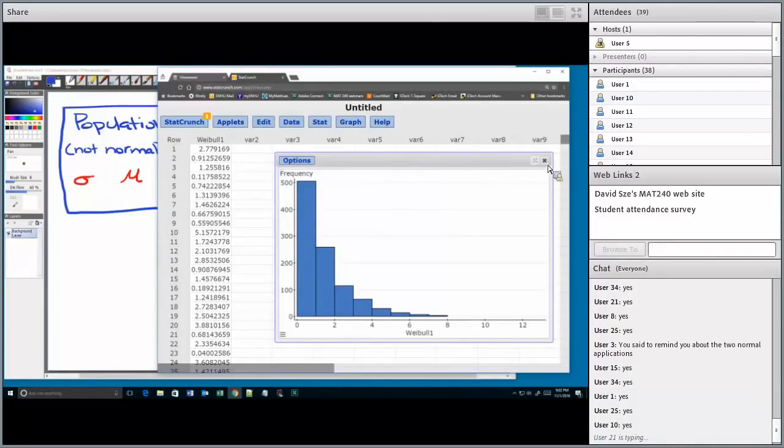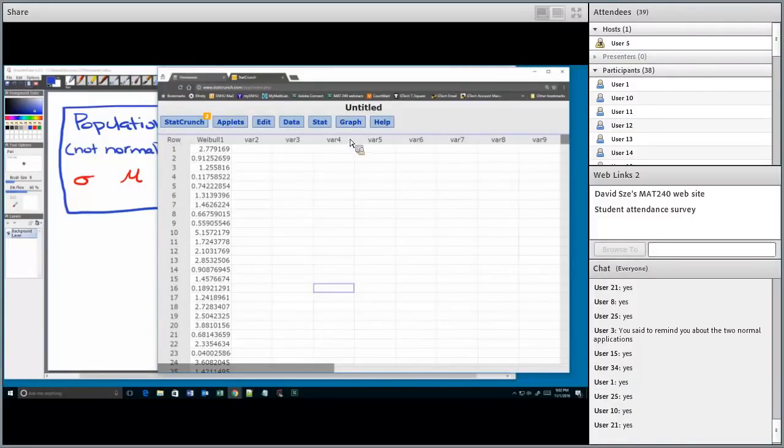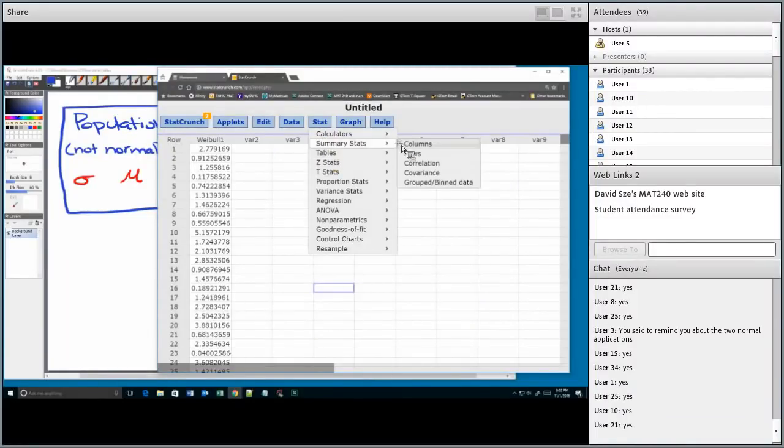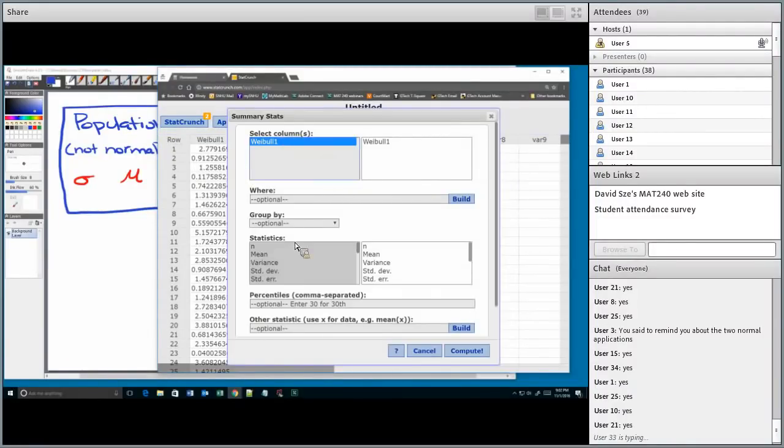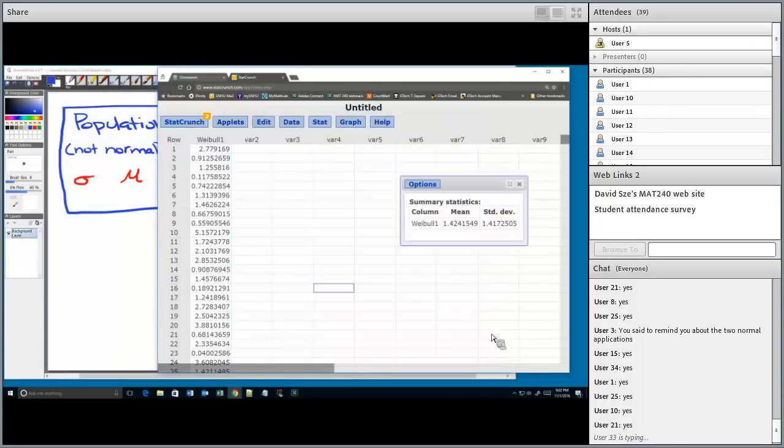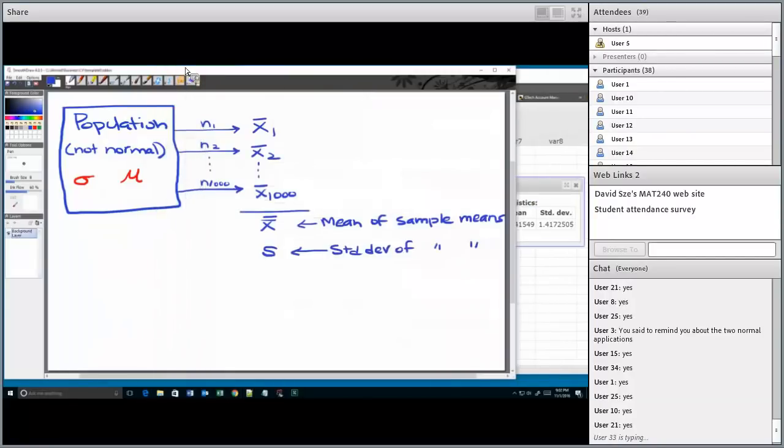All right, so what I'm going to do now is calculate its mean and the standard deviation. And here it is, and I'm going to write it down.